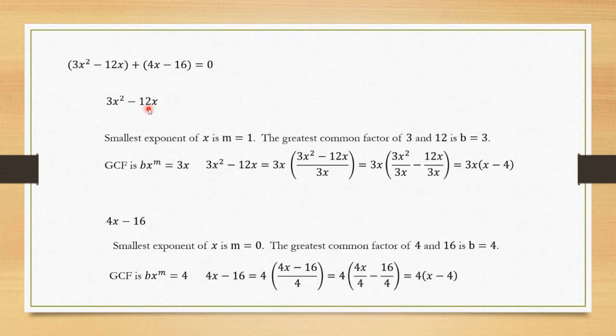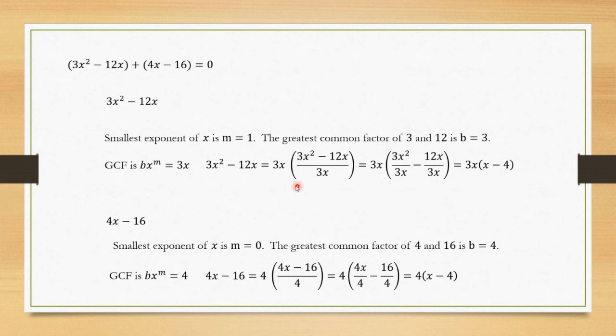The smallest exponent of x is 1. As you can see, 3 is a factor of 12. In other words, the greatest common factor of 3 and 12 is 3 itself. So that tells us the b in that GCF is 3. So the GCF, 3x to the m, that you can factor out is 3 times x. And now I factored it out, and I got this.